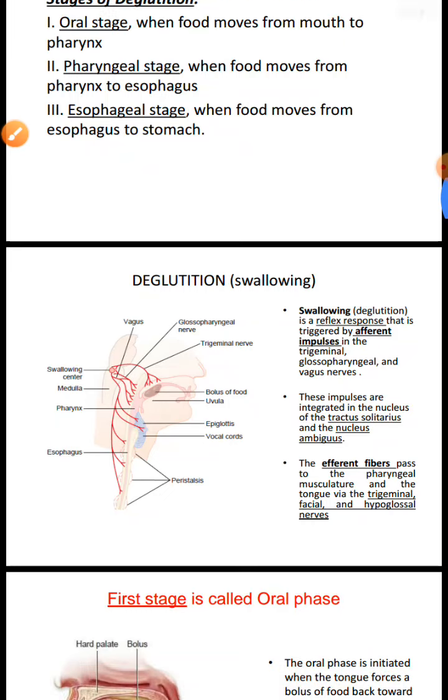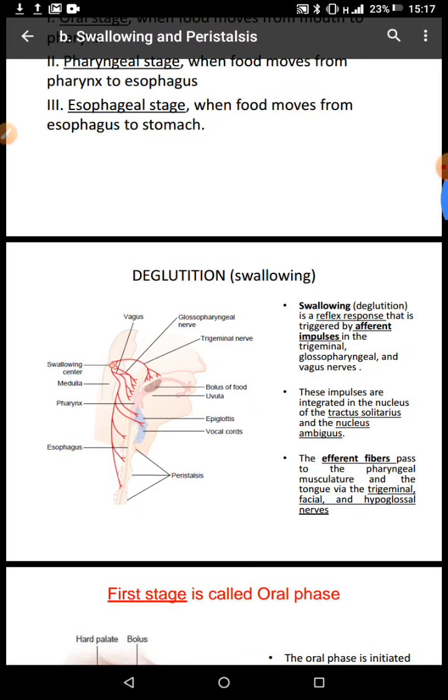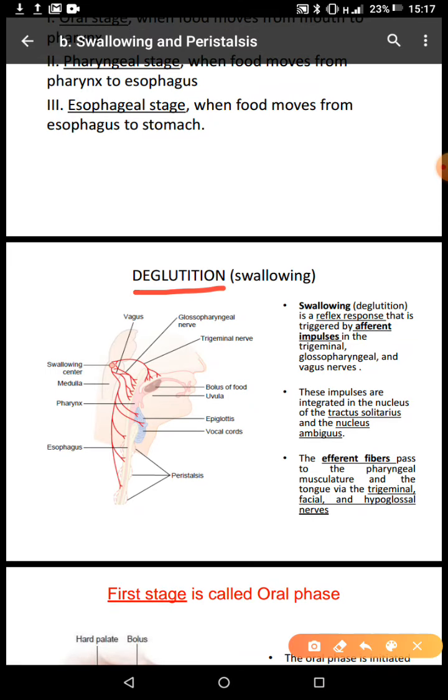Now, we said swallowing is a reflex. So it has the components: the receptors, the afferent fibers, the efferent fibers, the centers, and the physiological response.